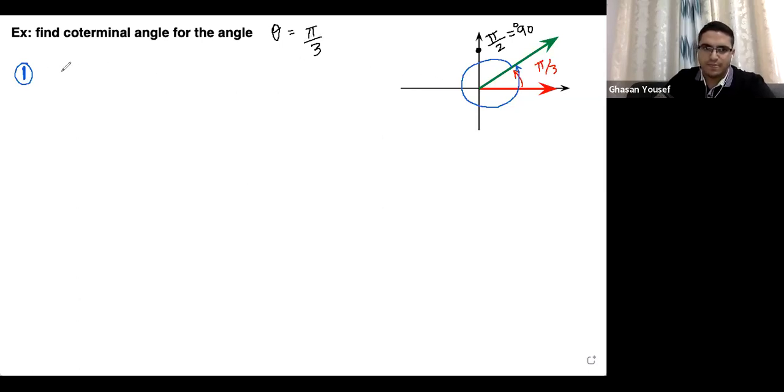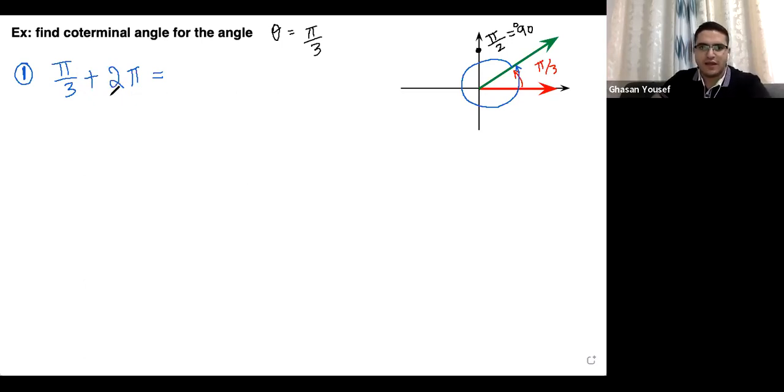So for pi over 3, you can find a coterminal angle by adding 2 pi. This is the first 2 pi. Yes, 180 is equal to pi, and 2 pi is 360, correct. When you add 2 pi, which is actually 2 pi over 1, you have to make the denominators equal.